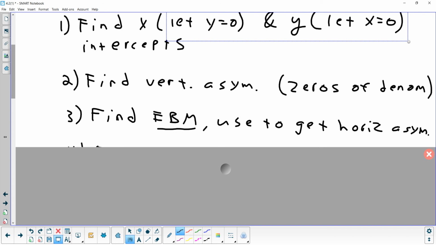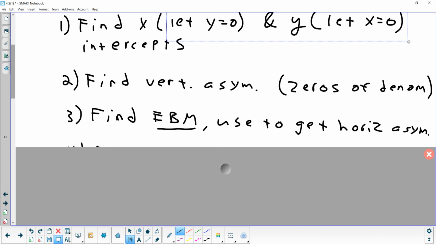Now, if you find a number that is a vertical asymptote, can you plug that number into your formula? Are you allowed to plug that in? No, because it makes the denominator 0. Exactly.